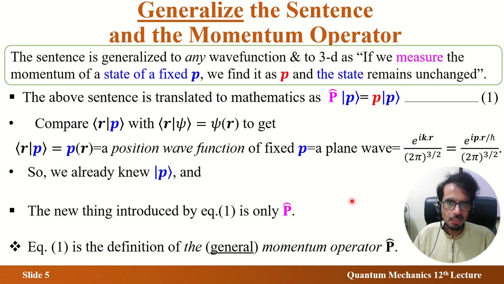Now we have to specialize. Our eventual target is the derivative. That means we have to specialize to the derivative. Then the state vector is specialized to the wave function. Now I do that specialization, and that specialization will give you the required derivative or required justification.